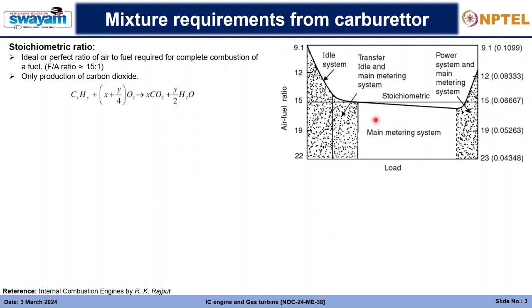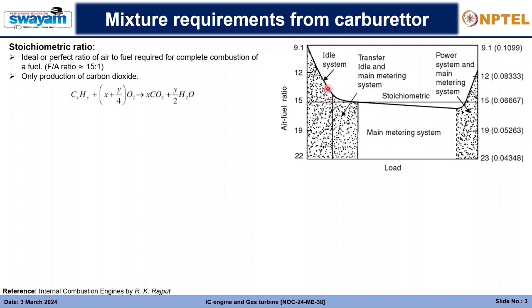The main metering system is that system of the carburetor arrangement or the inlet manifold arrangement which supplies the fuel to the engine cylinder when it is operating at a very economic load, or the load range out here. That is the normal load system, and the fuel is being supplied by the main metering system.